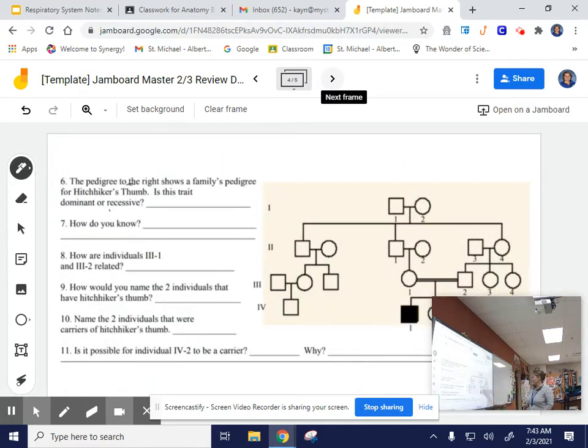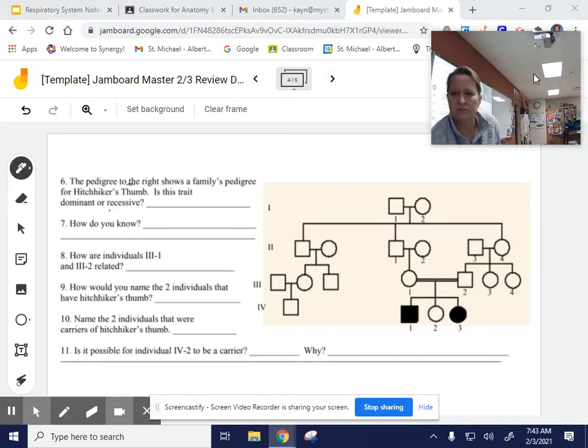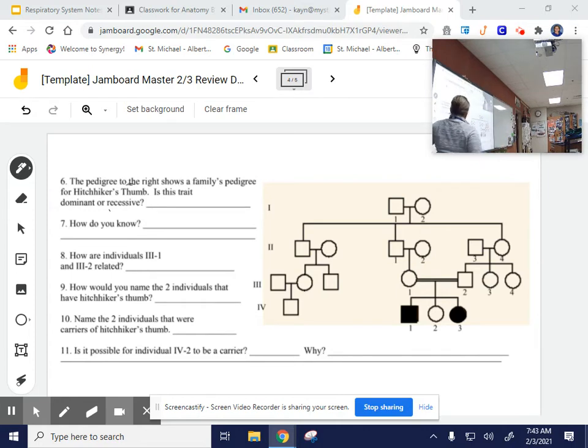So the next one on pedigrees. I should probably move myself here so you can see it. Pedigrees, we're looking at a hitchhiker's thumb, and we're wondering if it's dominant or recessive. So remember, a shaded in individual has the trait.